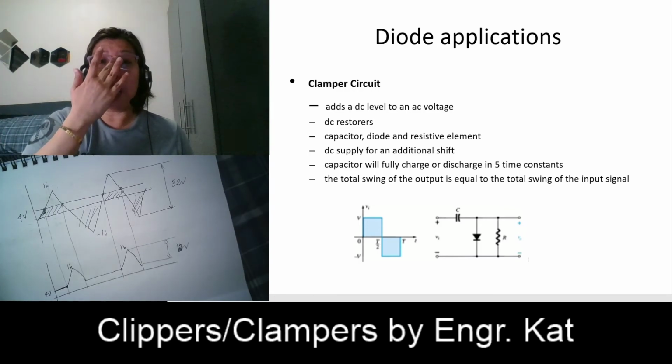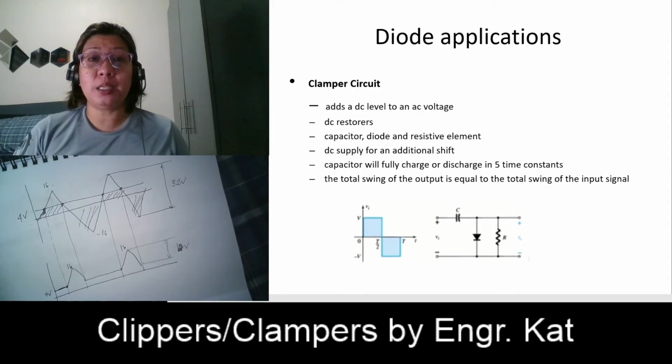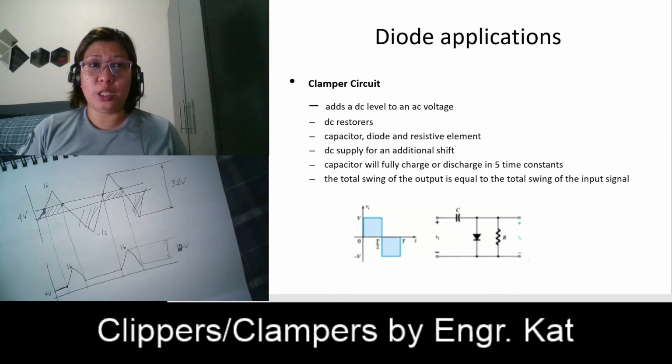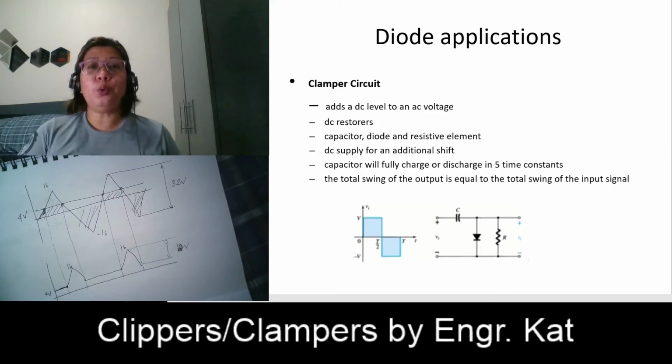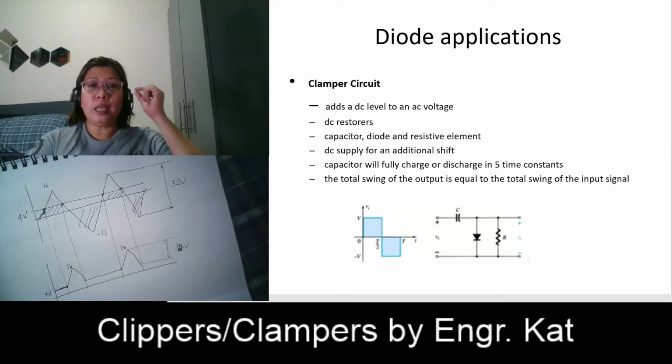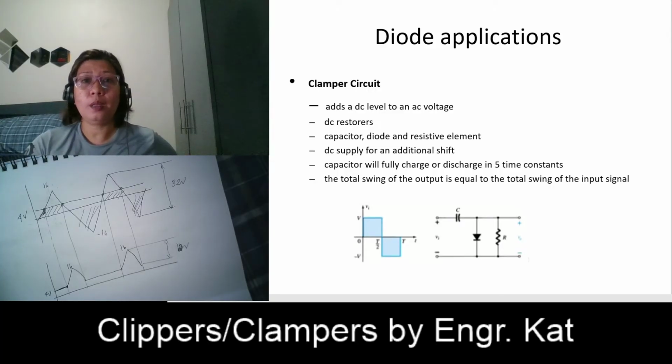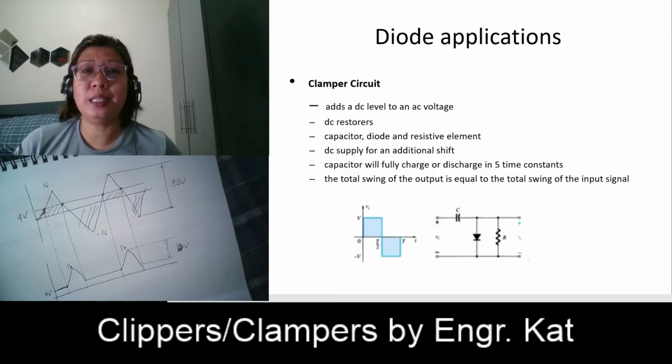Another name for clamper circuits is DC restorers. They add a DC level to an AC voltage, but they do not clip off or remove anything. Technically, it is composed of a capacitor, a diode, and a resistive element.